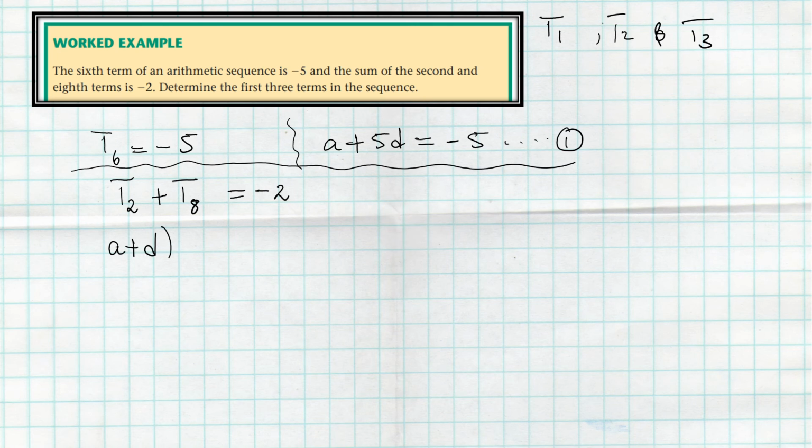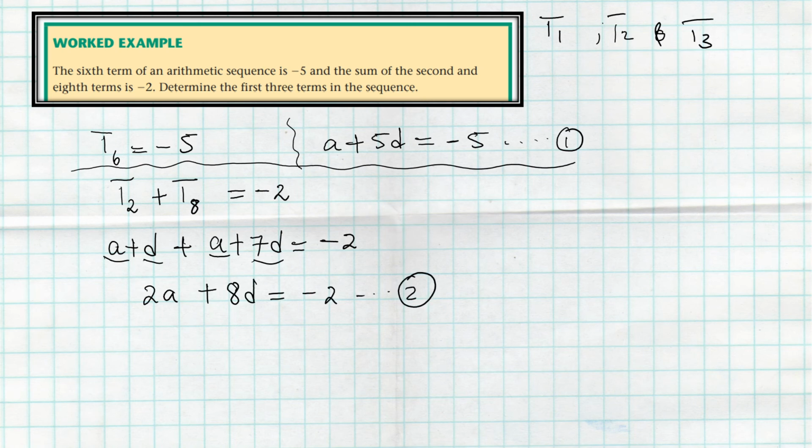Plus term 8, which is A plus 7D, is equal to minus 2. We can see A plus A is 2A, and D plus 7D is 8D, equal to minus 2. This is our equation 2.